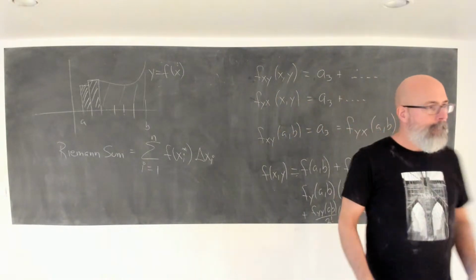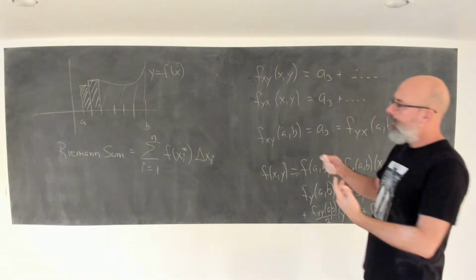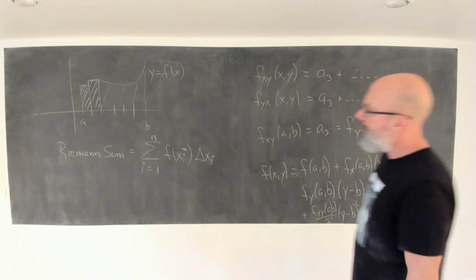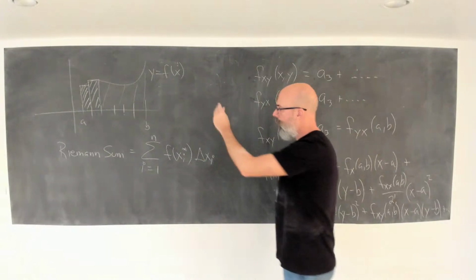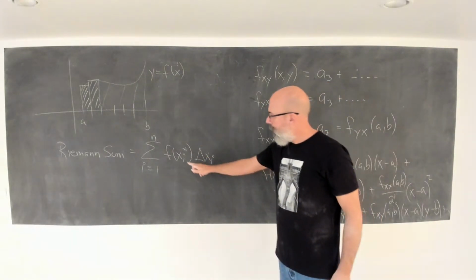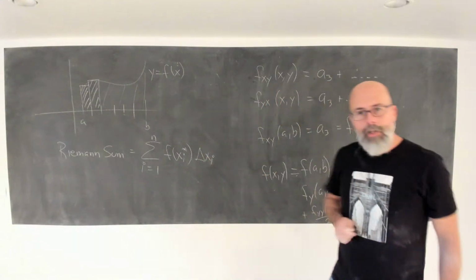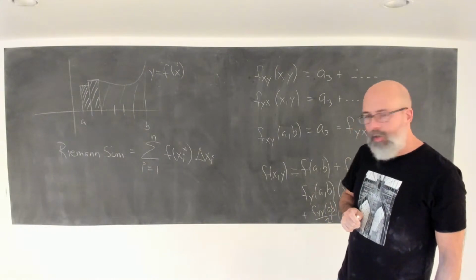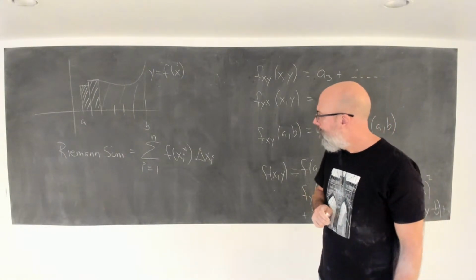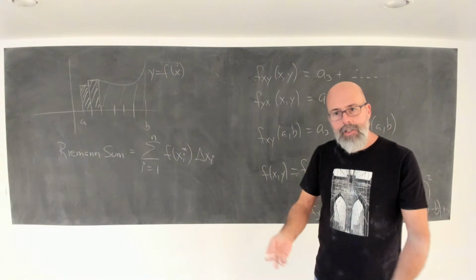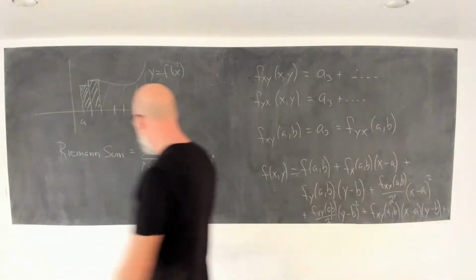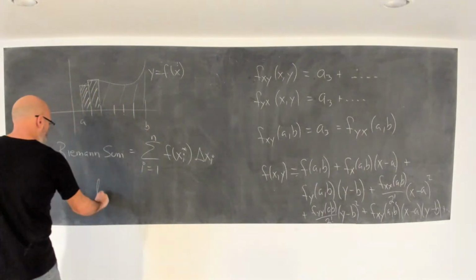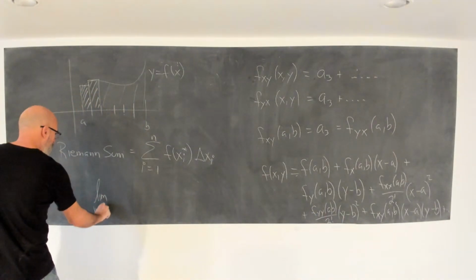And as n goes to infinity, as the partition gets finer and finer, if this limit exists, regardless of what the xi star are, if this limit exists and is always equal, then we say the function is Riemann integrable.